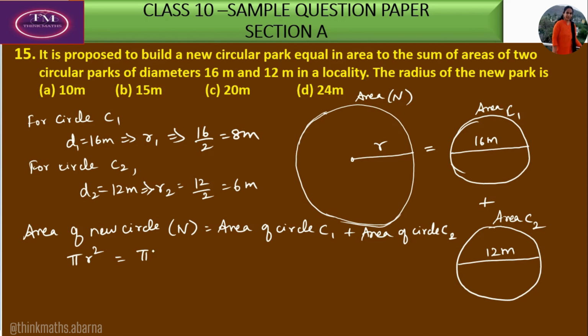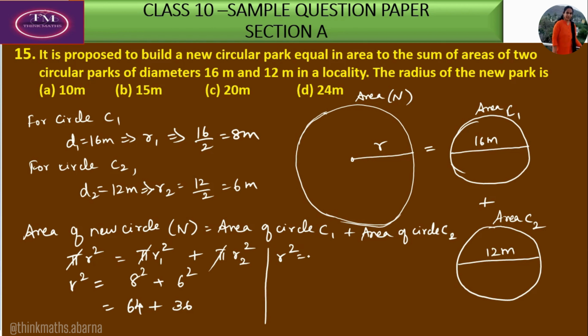Here we have pi r1 square, and for the circle C2, it is pi r2 square. So pi gets cancelled throughout. So we will have r square equal to, what is r1? R1 is 8, so 8 square plus R2 is 6, 6 square. So 8 square is 64 and 6 square is 36. So we will get R square equal to 100. 64 plus 36 is 100.